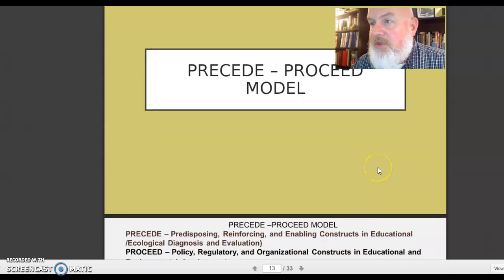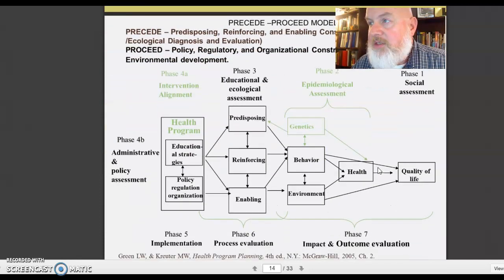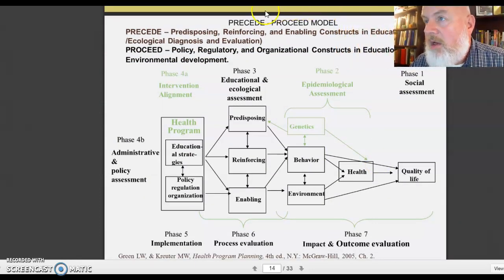If you take a look, this looks a little intimidating. Let me move that over here. But this is a model which we use in community and behavioral health a lot. Precede is predisposing, reinforcing, and enabling constructs in educational, ecological diagnosis and evaluation. That's a big mouthful.